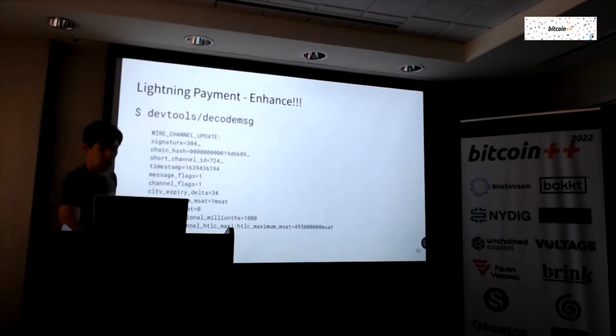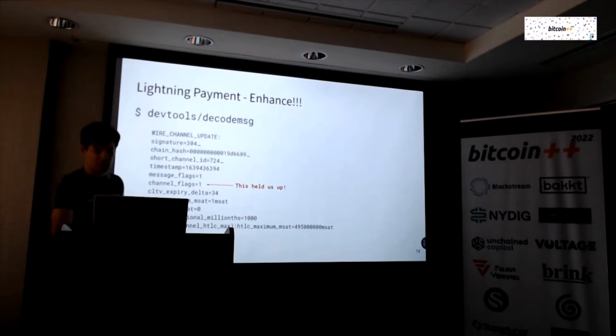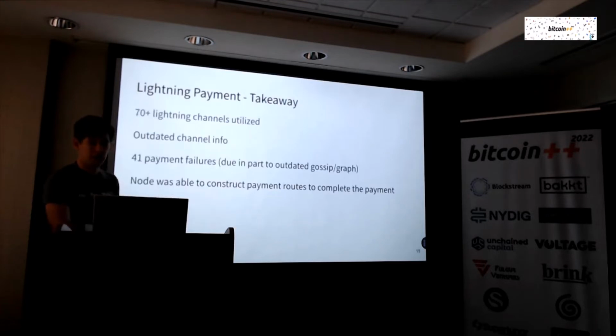But really the important part is right here, channel flags equals 1. That doesn't really sound like much here, but this is actually a flag. If we look it up in the protocol, it says this channel is disabled. So obviously, when we were calculating the route, we didn't have that information, and that was why this particular one failed.